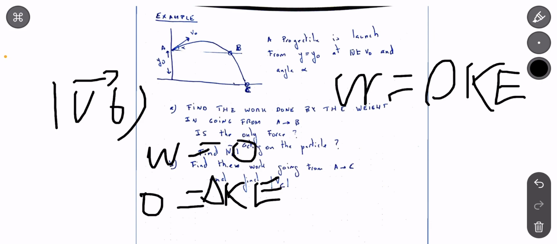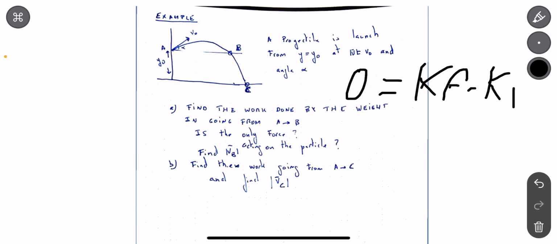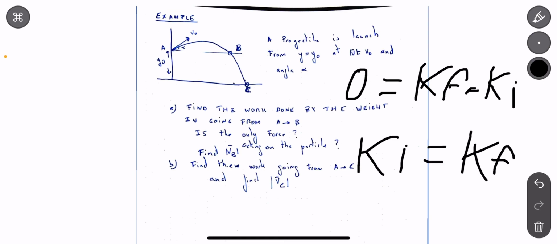And then we just break this down further. From the 0 equal to KE, we go 0, KF minus KI, I'm sorry, and then it's just going to be the final kinetic minus the initial.